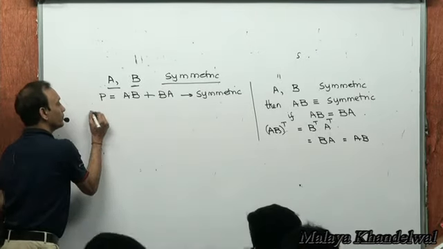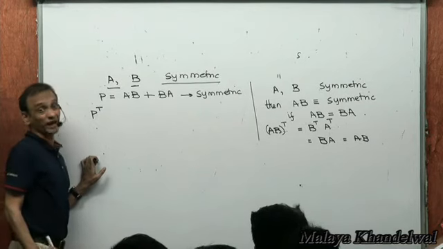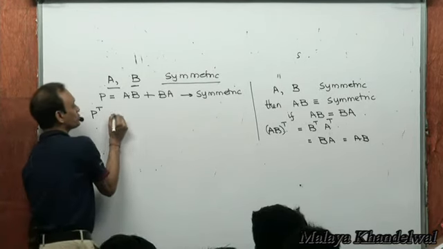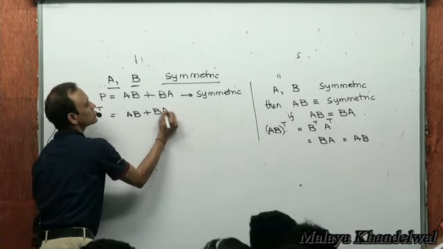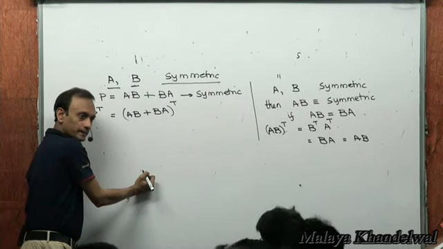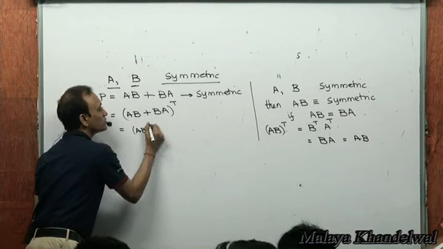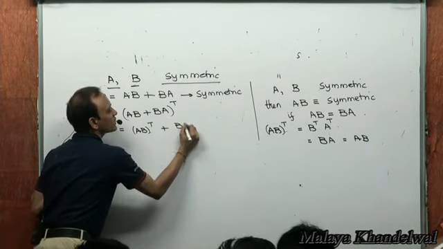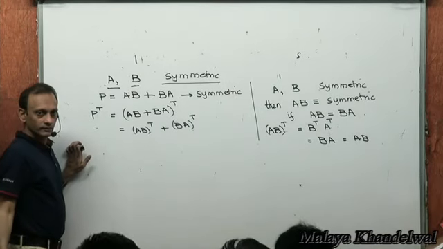Now, P transpose. I want to show that P is symmetric. P transpose is like AB plus BA transpose. Right? Which is like AB transpose plus BA transpose. Right?